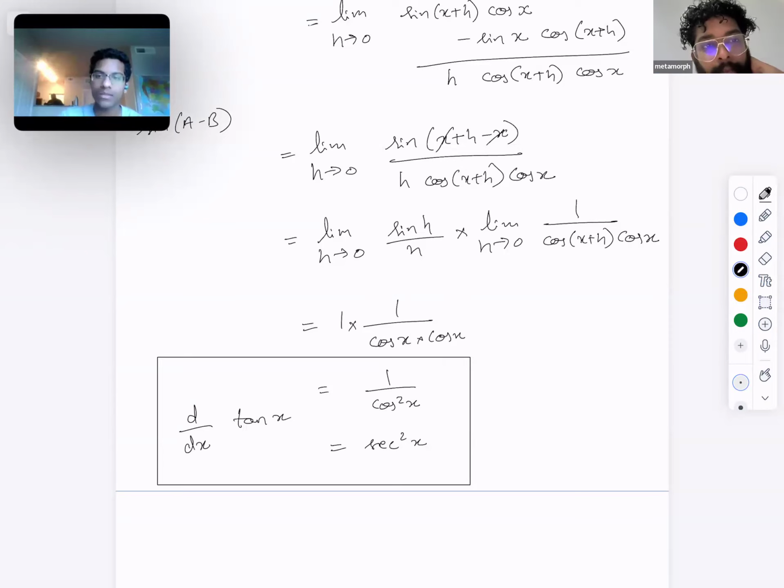No, 1 over cos x is not 1. 1 over cos x is sec x, the reciprocal of cos. Sorry, if it's 1 over cos h, and h extends to 0, then it will be 1, right? Yeah, I think I just solved my own doubt.